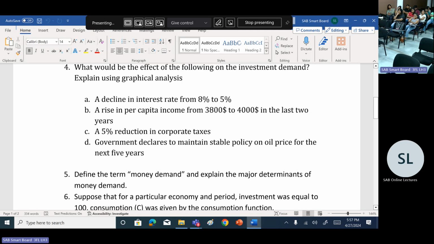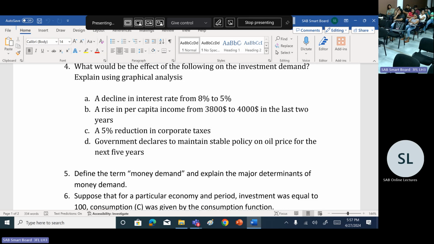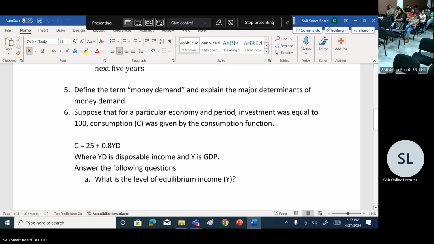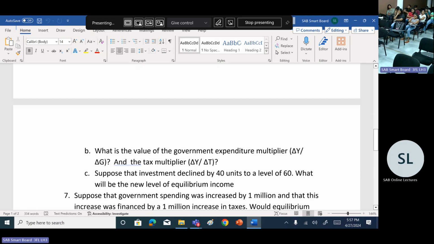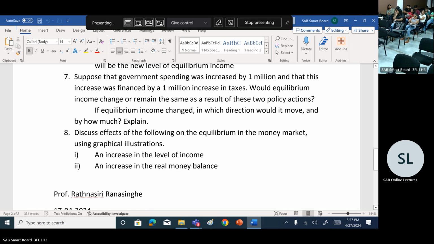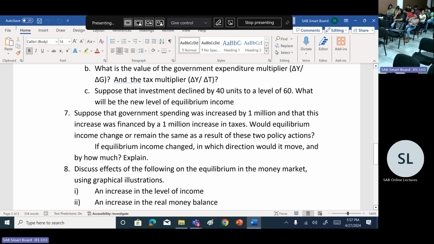If the government policy is stable prices, that shifts the investment curve to the right. Okay. You don't have any question?